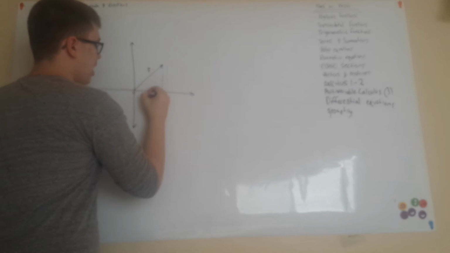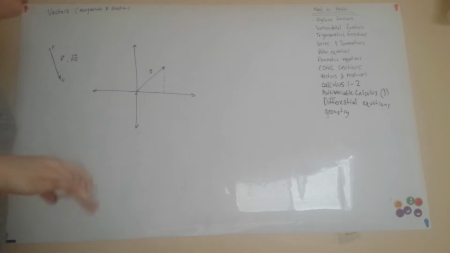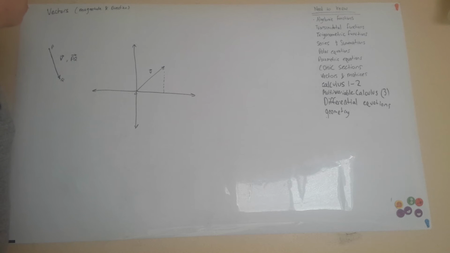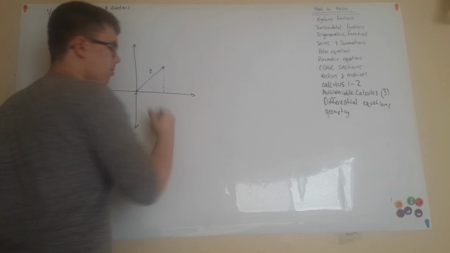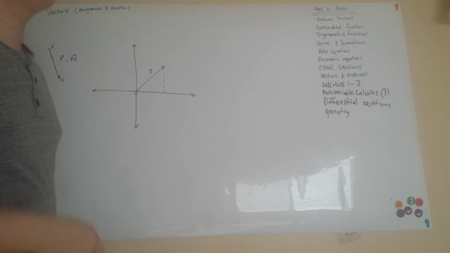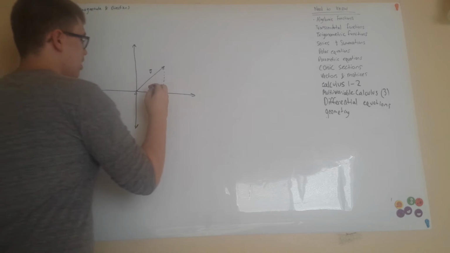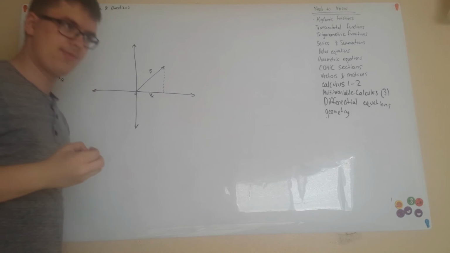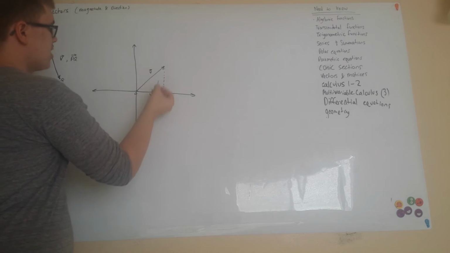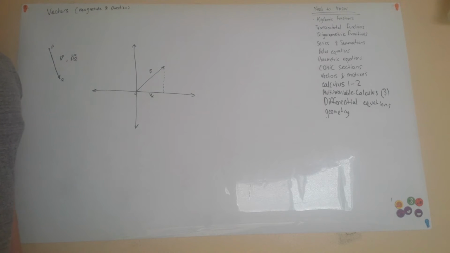So there's different textbooks that call this differently. I like to call it, these are called the components, and you'll see why. But this is v sub x. Some textbooks call it v sub 1. Others call it a.